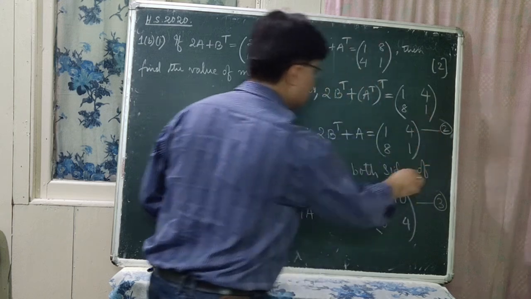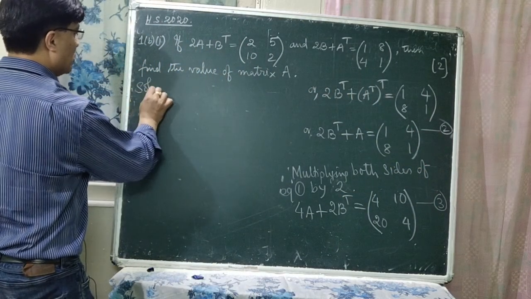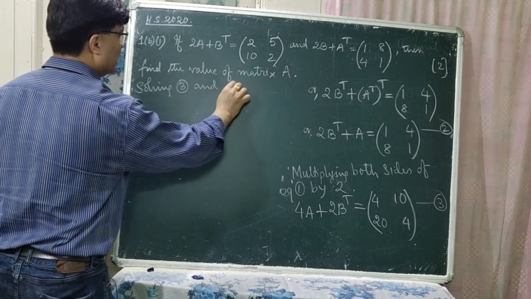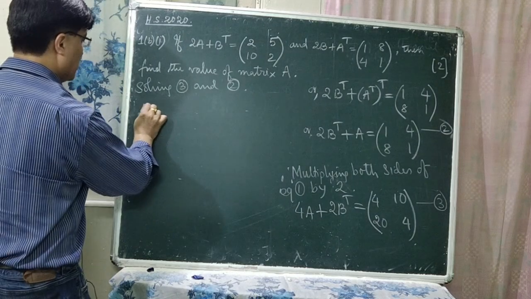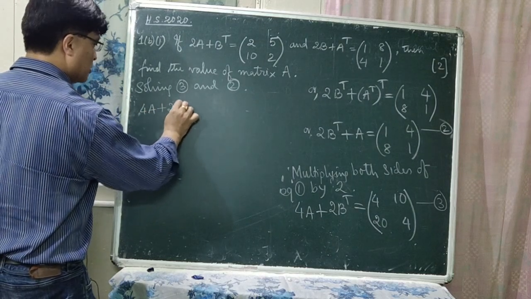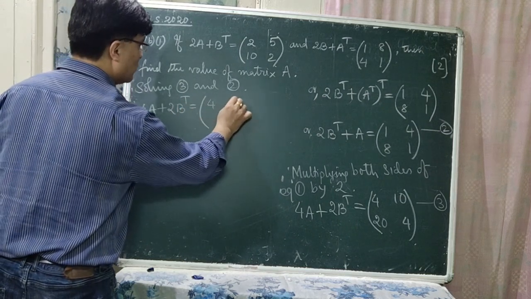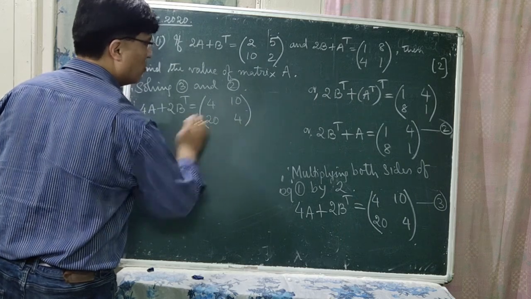Now you have to solve equation number 2 and equation number 3. Now solving 3 and 2. So let us write number 3 now: 4A plus 2B transpose is equal to [[4, 10], [20, 4]].